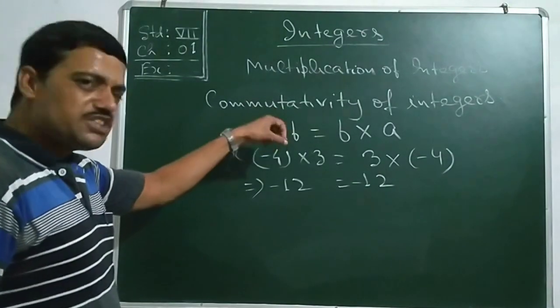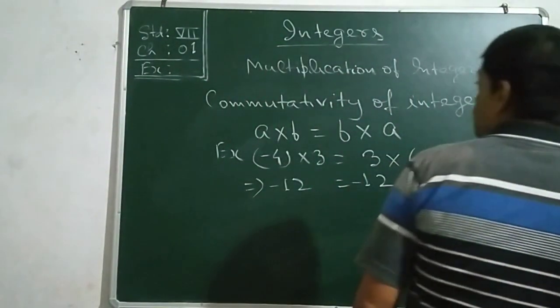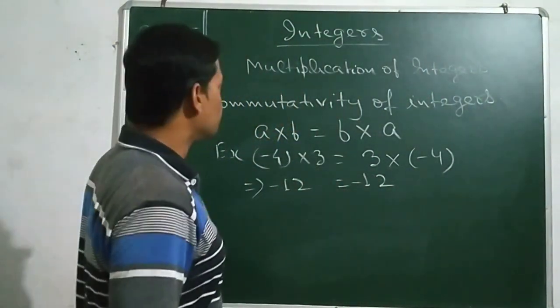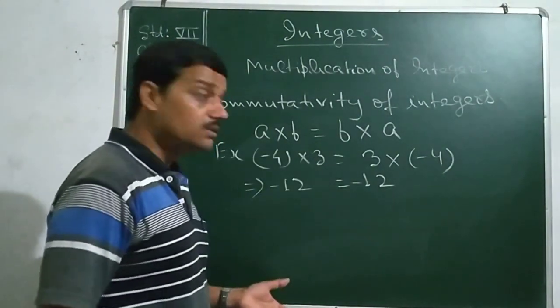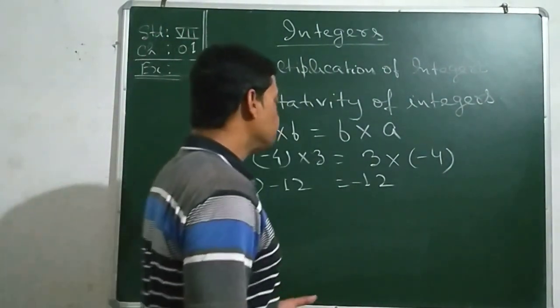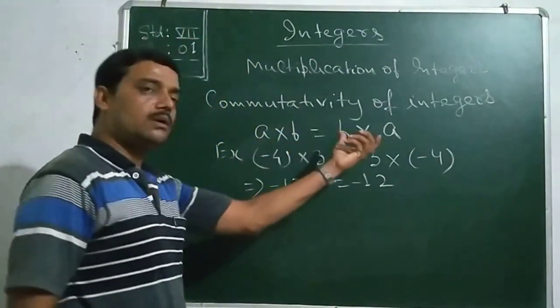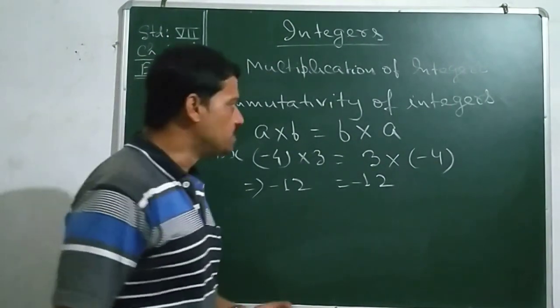So it is clarified to you that multiplication is commutative for integers. That means you can multiply two or more numbers in any order, the result will be the same.